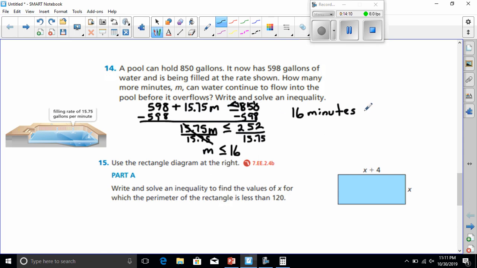Our inequality says m is less than or equal to 16, so it can be equal to 16 minutes. Yeah, it looks to me that it's no more than 16 minutes. All right, so let's go to the next one.